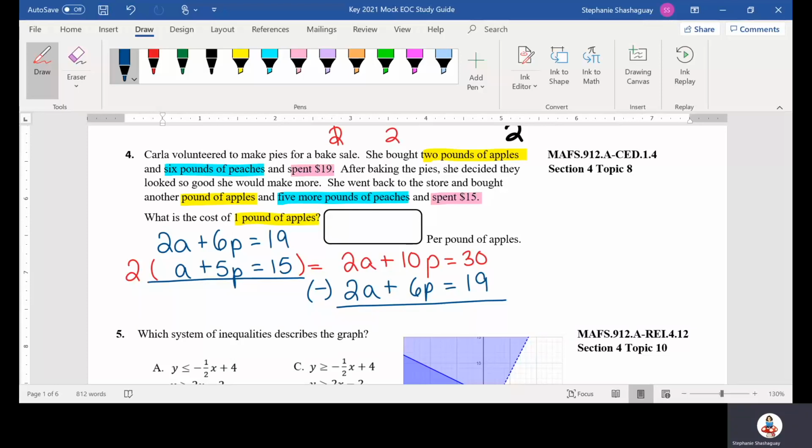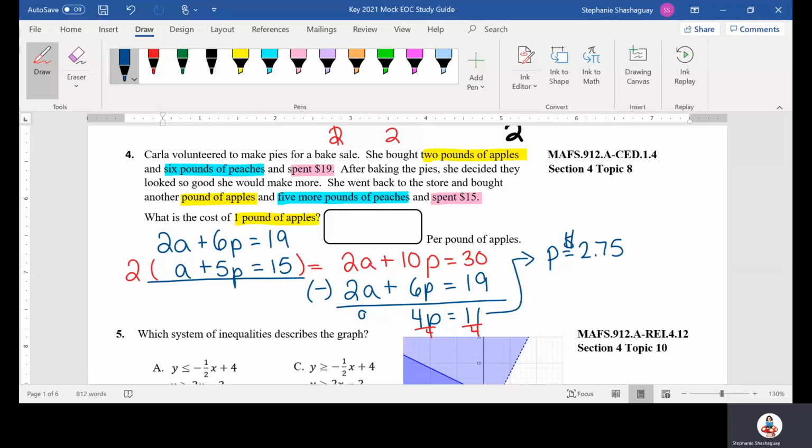So 2a minus 2a becomes 0. 10p minus 6p becomes 4p, and that is equal to 11, because 30 minus 19 is 11. Now that I have 4p is equal to 11, if I divide by 4 and divide by 4, I find that P is equal to $2.75. So that's the cost of peaches per pound.